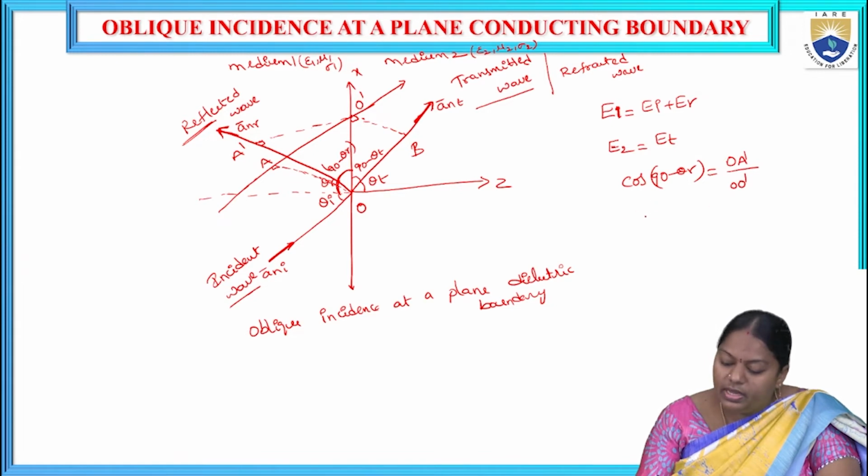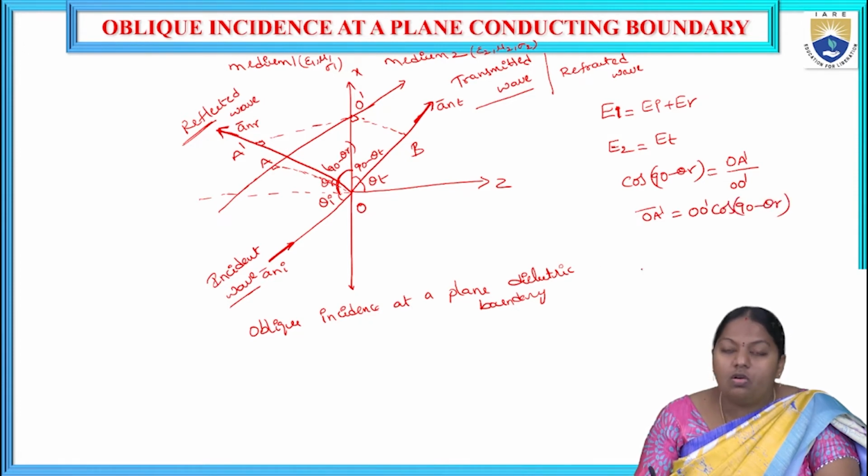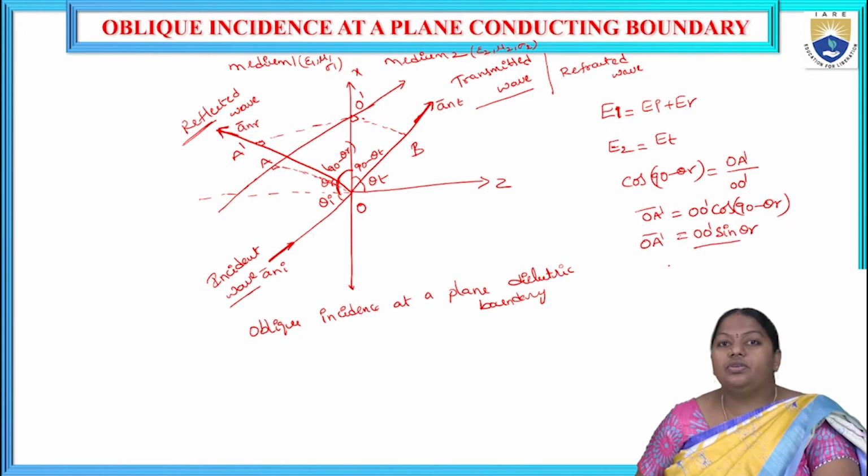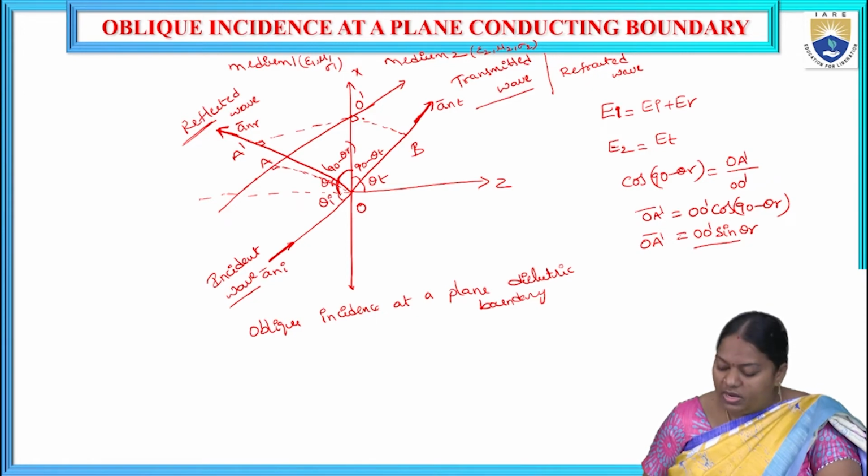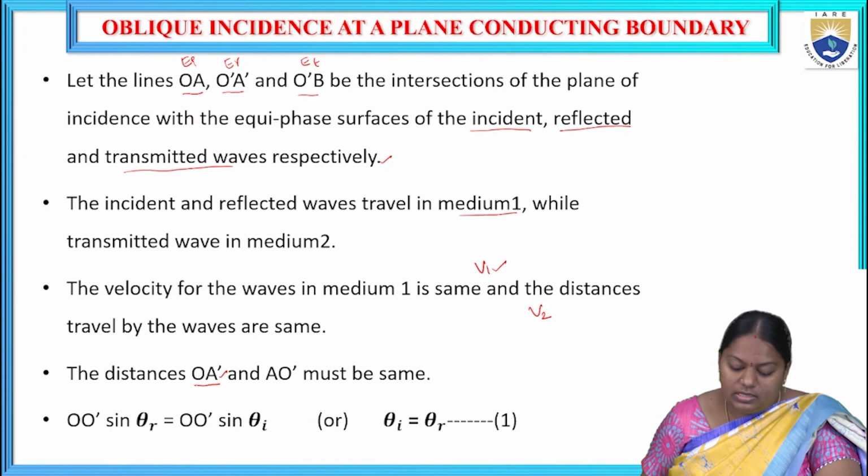From these two, we can write OA dash, the distance, also represented as a vector, is equal to OO dash into cos of 90 minus theta R. Cos of 90 minus theta is represented with sine, hence it is OO dash sine theta R. That is, OA dash is nothing but OO dash into sine theta R. Similarly for the incident wave we will derive the same.